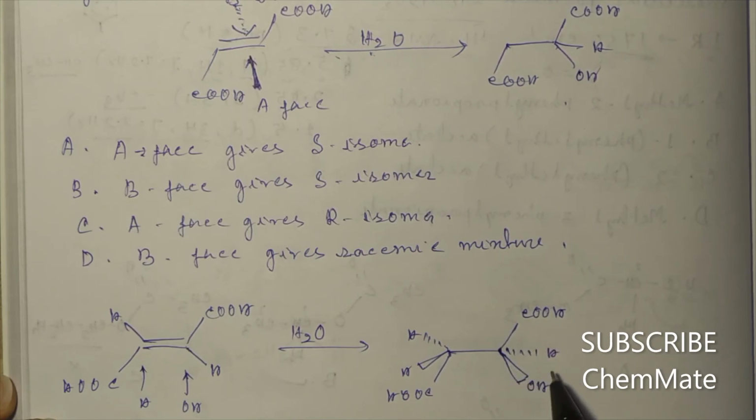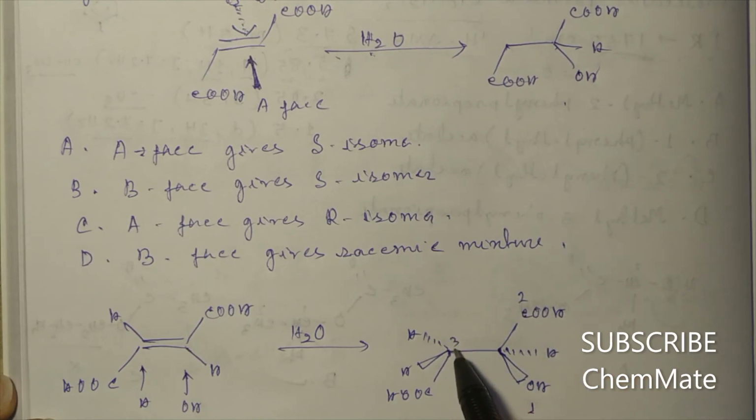So according to the CIP rule, the priority sequence of these 4 groups is, this will be 1 as it is oxygen, then here is a carbon CH2, here is C which is attached to oxygen, so this will be 2 and this is 3.